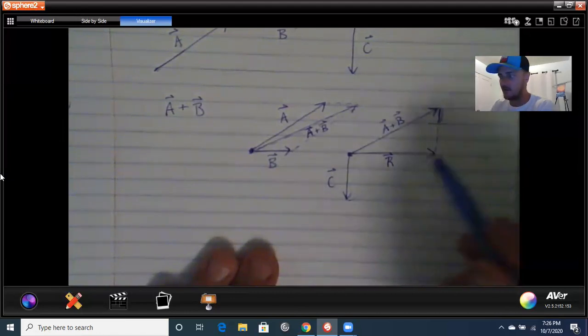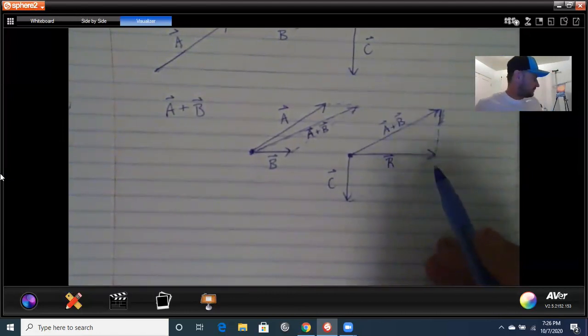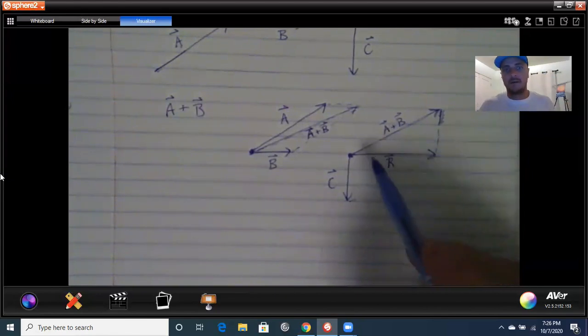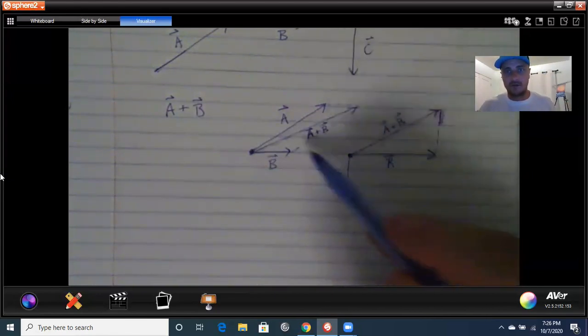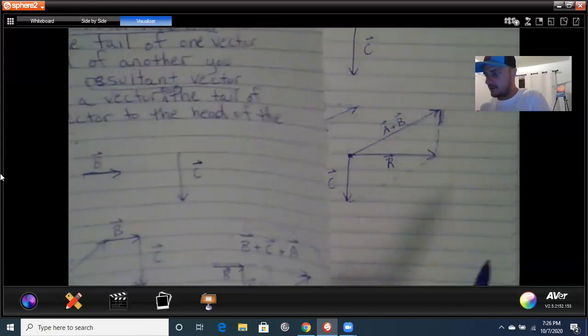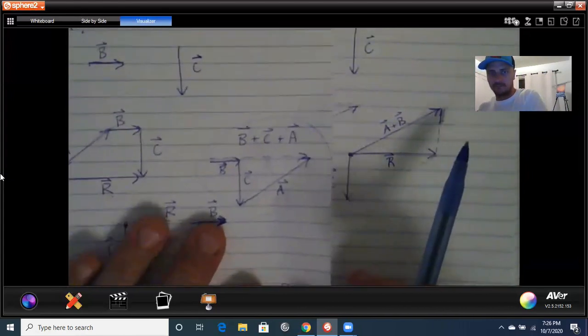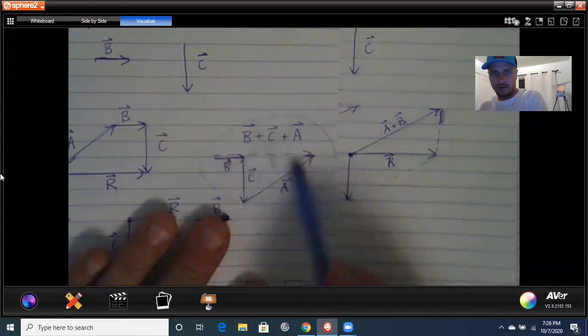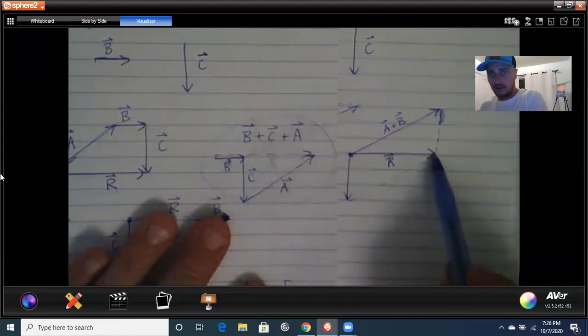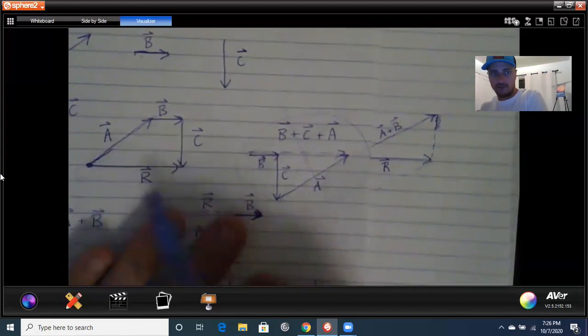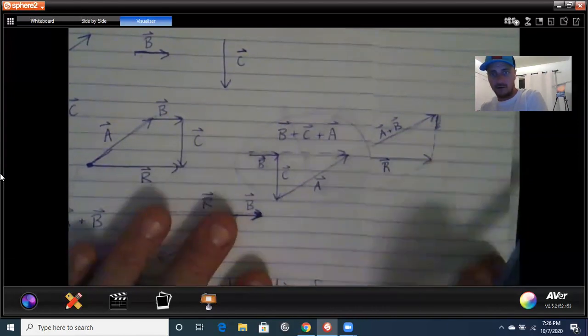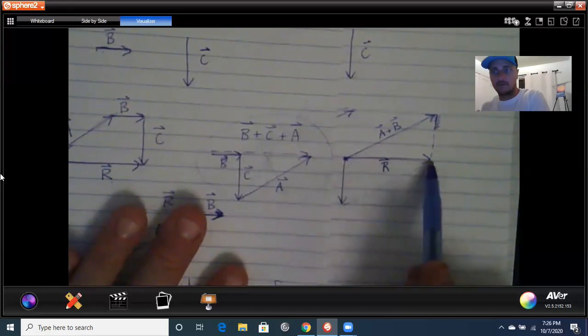Using this parallelogram method. And if you look back, as long as I maintained the lengths and the directions of these vectors, doesn't that result right there, that R, that length, look pretty much like that length to you? There's another example of R. Looks pretty much the same length.